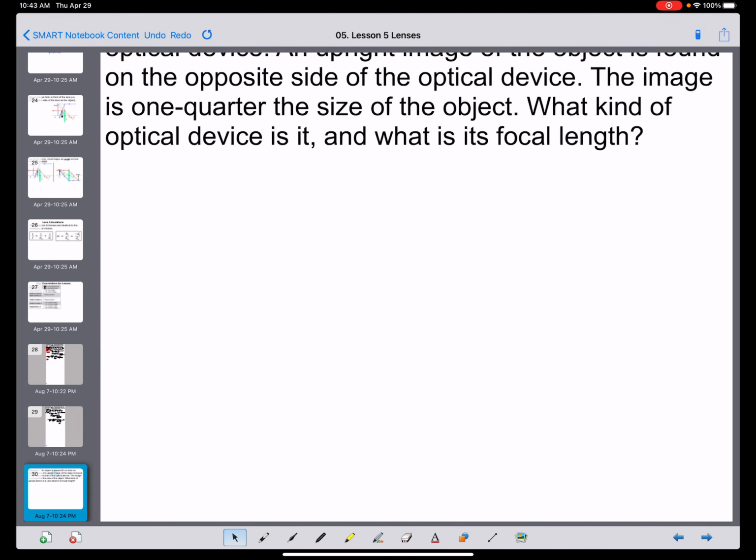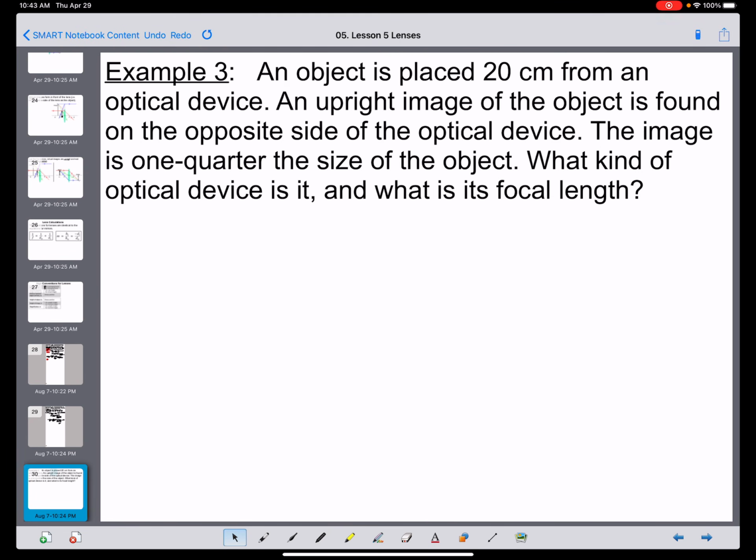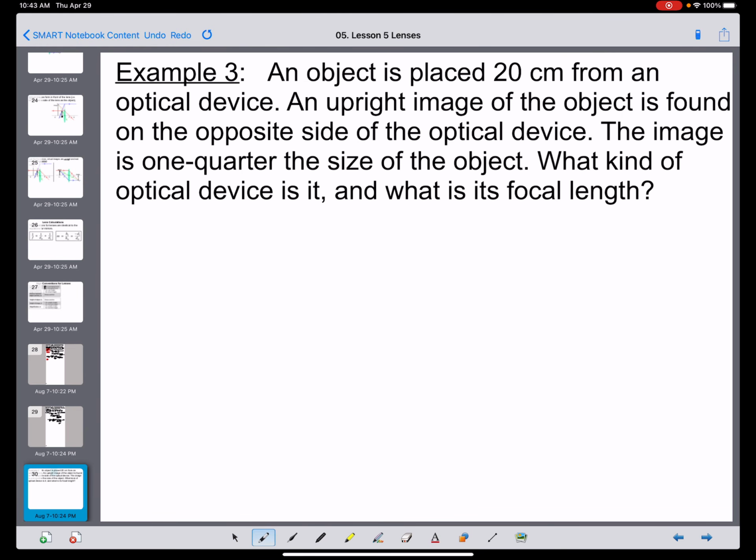Okay, so example 3. An object is placed 20 centimeters from an optical device. An upright image of the object is found on the opposite side of the optical device. Let's just worry about dealing with that part first. So it's an upright image, and we know that if it's upright, it must be virtual.